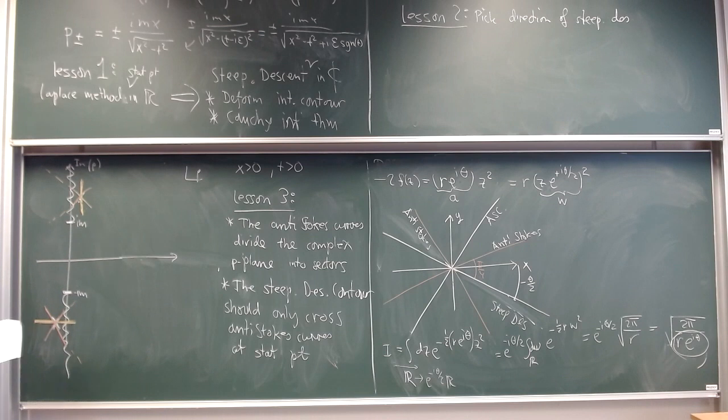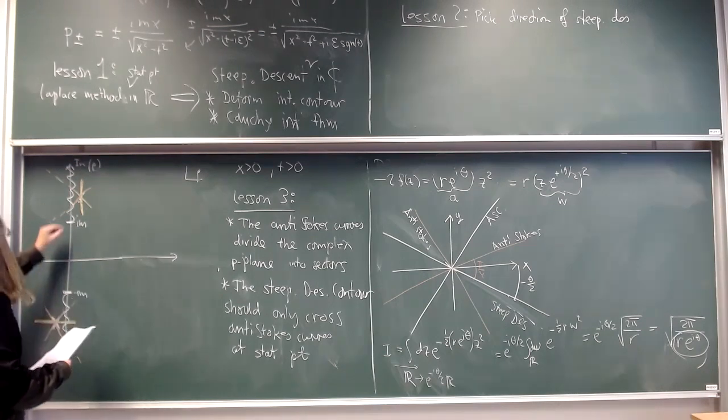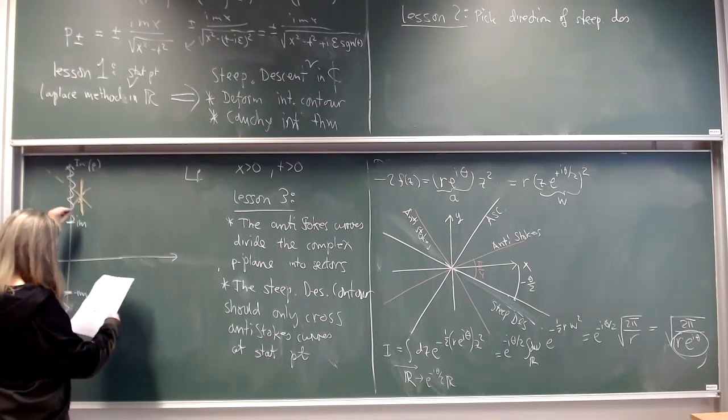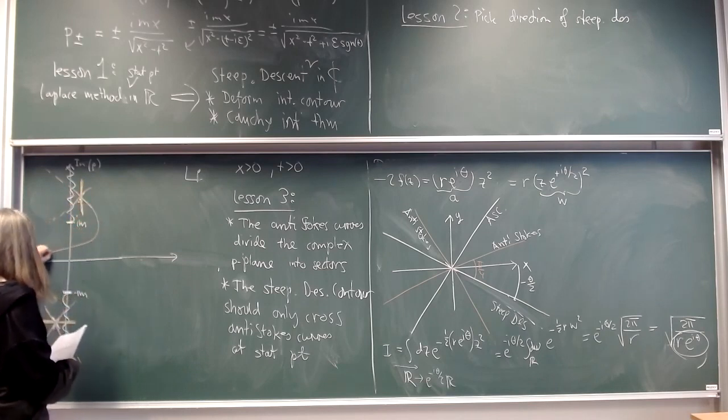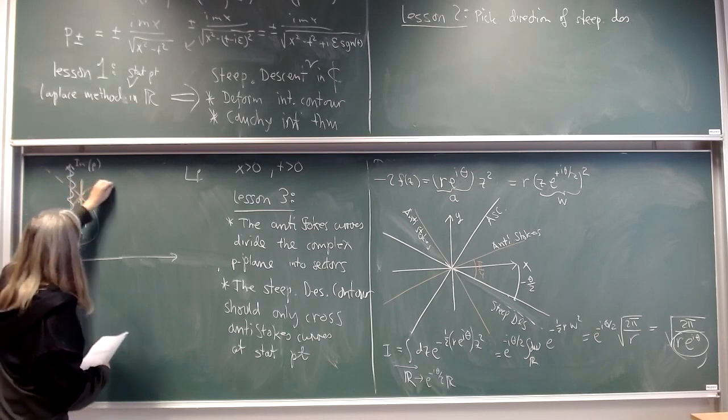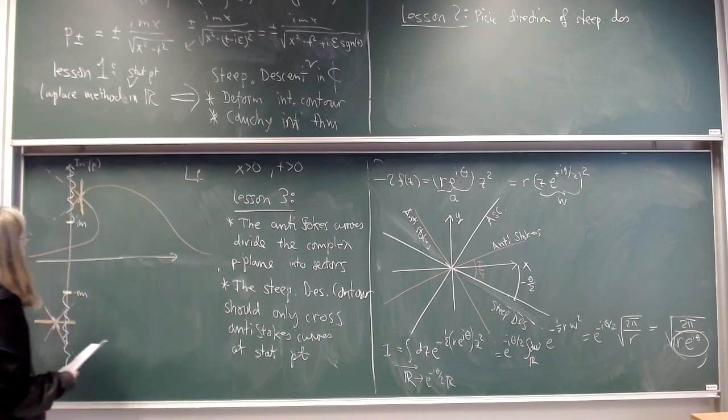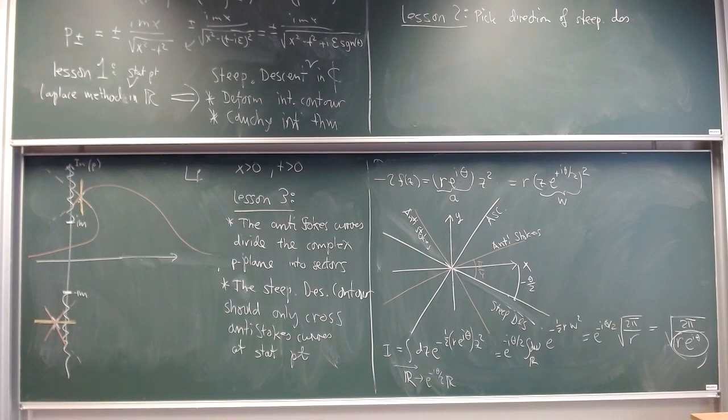And then there will be 2 lines: one which goes like this, and another one which goes like this. And this one is just the mirror. So one goes up here and comes down, and another one goes down.